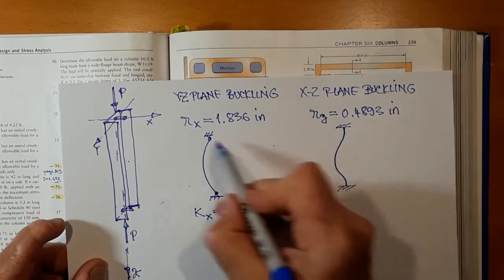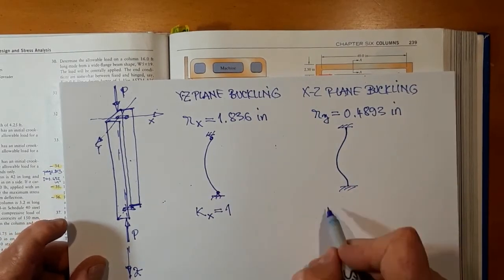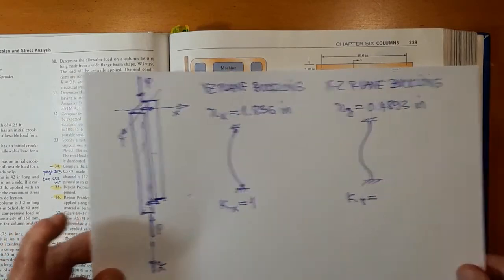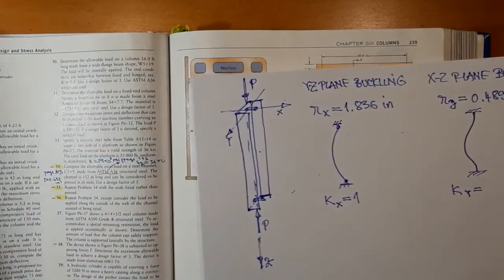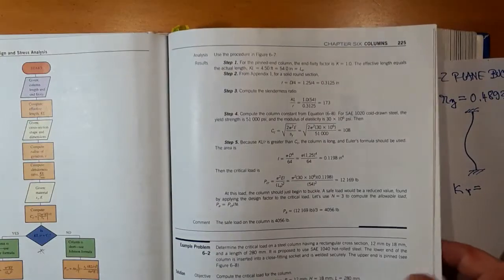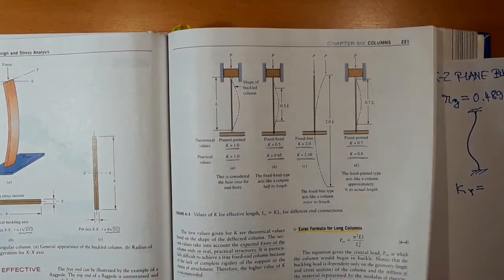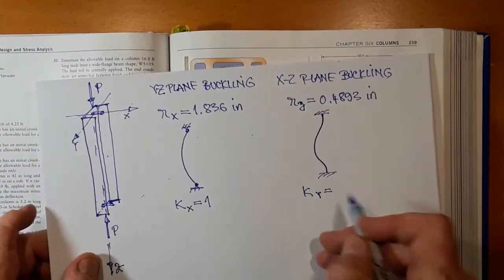That is, the slope is 0. Here slope changes. So Ky, we call it, and this is going to be the practical value. The theoretical value is 0.5. Practical value is 0.65. So let's use 0.65.